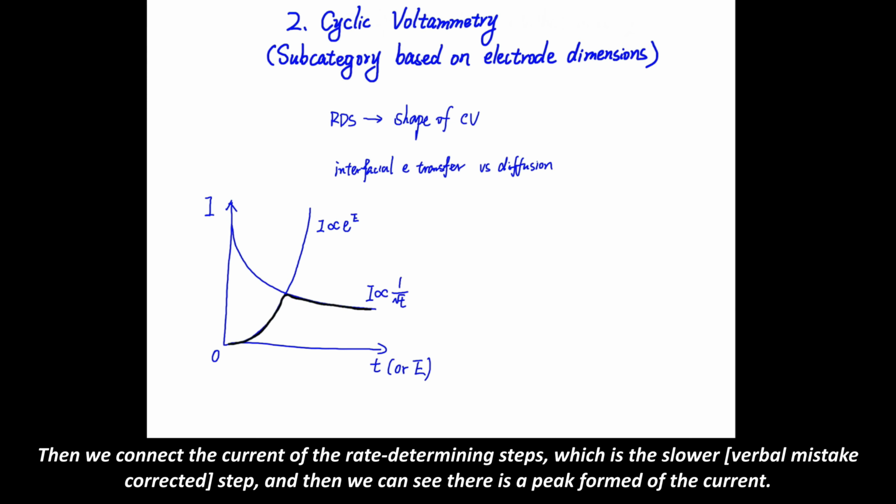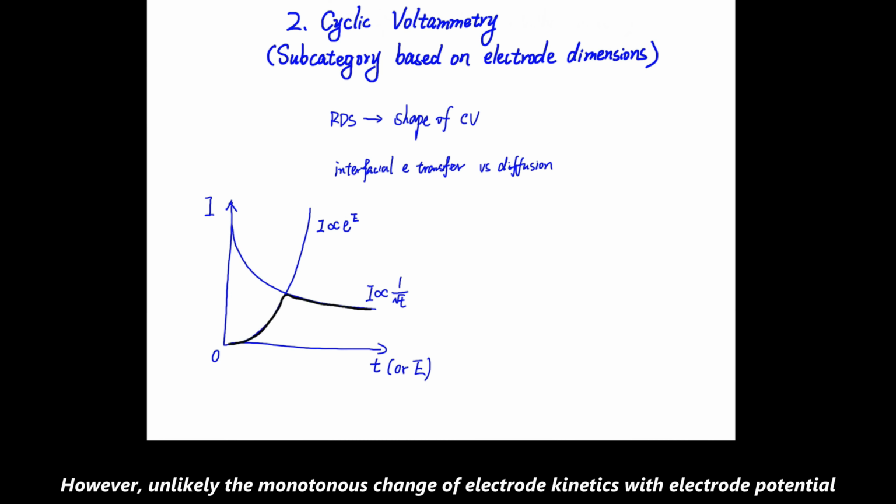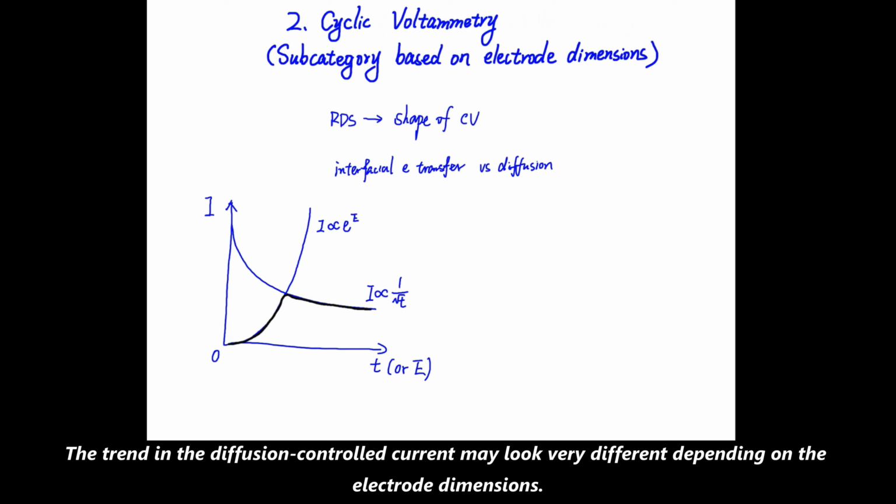Then we connect the current of the rate-determining steps, which is the lower one, and we can see a peak formed in the current. However, unlike the monotonic change of the electrokinetics with electrode potential, the trend in the diffusion-controlled current may look very different depending on the electrode dimensions.